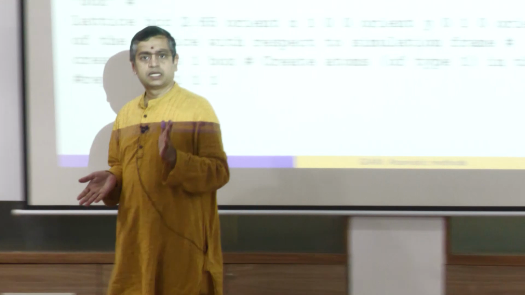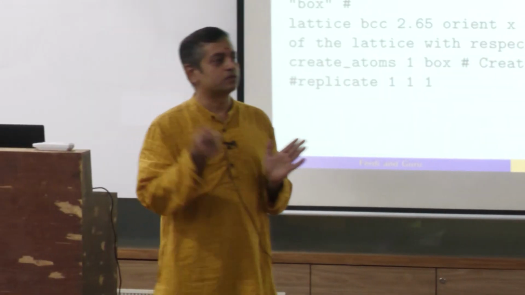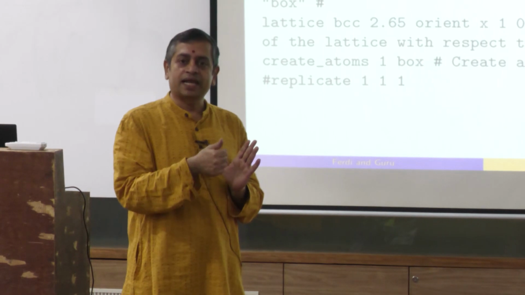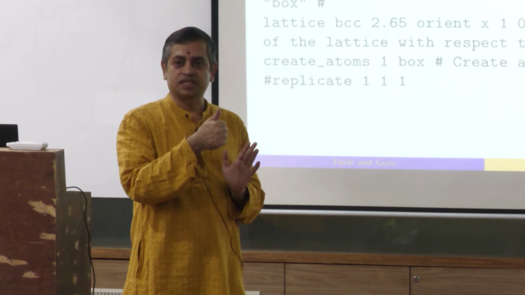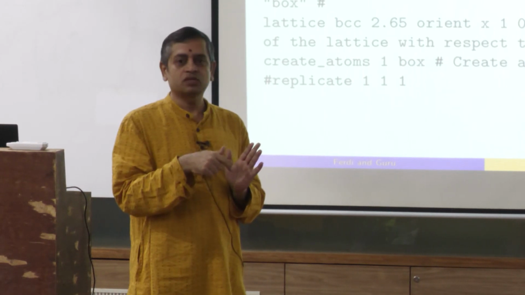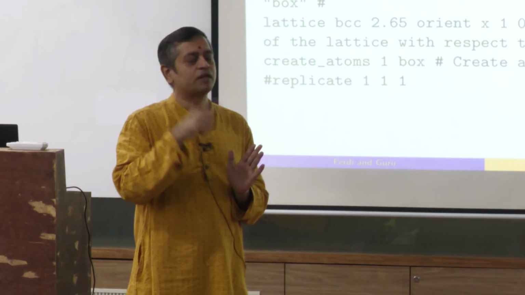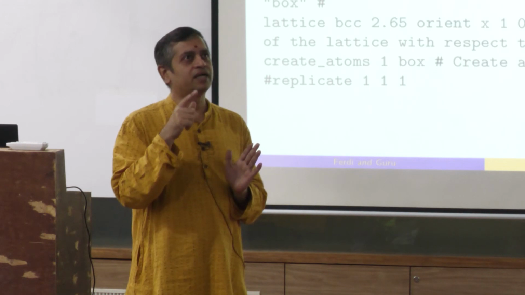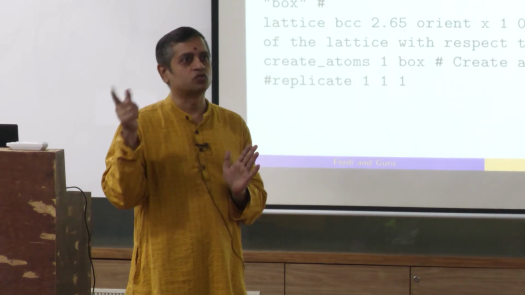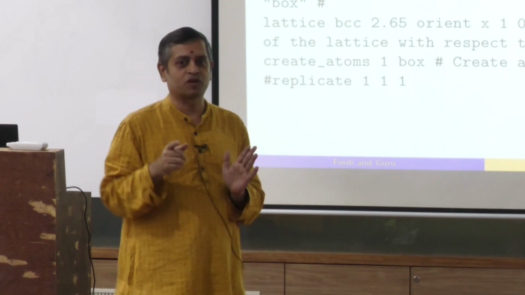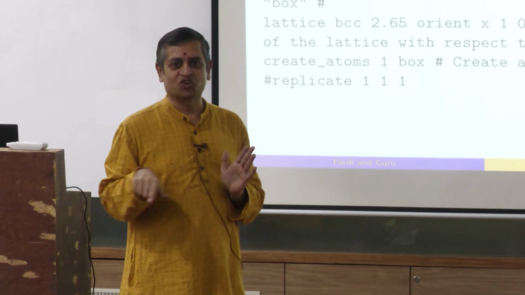Basically they align. It need not be. We typically do simulations where Z is aligned with 1 1 1, and then 1 bar 1 0 and 1 1 bar 2, because that is what will dot to 0 with both 1 1 1 and 1 bar 1 0.